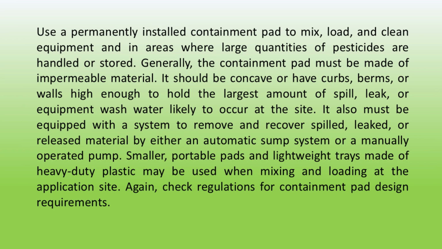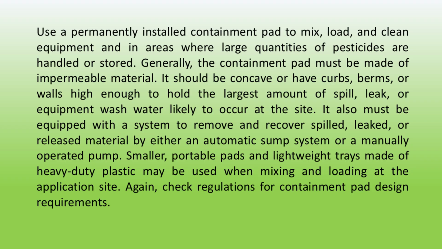Use a permanently installed containment pad to mix, load, and clean equipment, and in areas where large quantities of pesticides are handled or stored. Generally, the containment pad must be made of impermeable material. It should be concave or have curves, berms, or walls high enough to hold the largest amount of spill, leak, or equipment wash water likely to occur at the site.